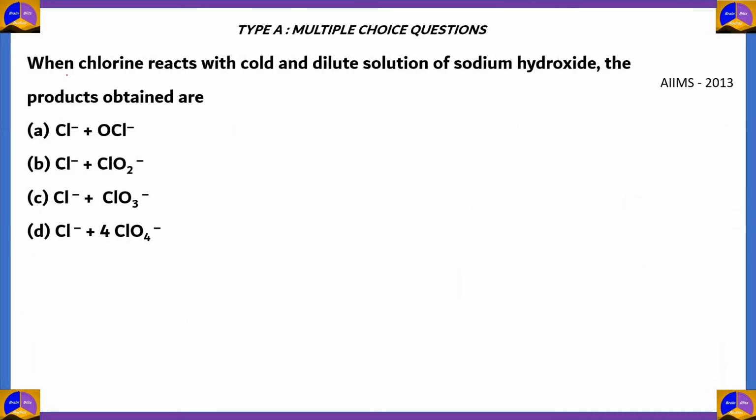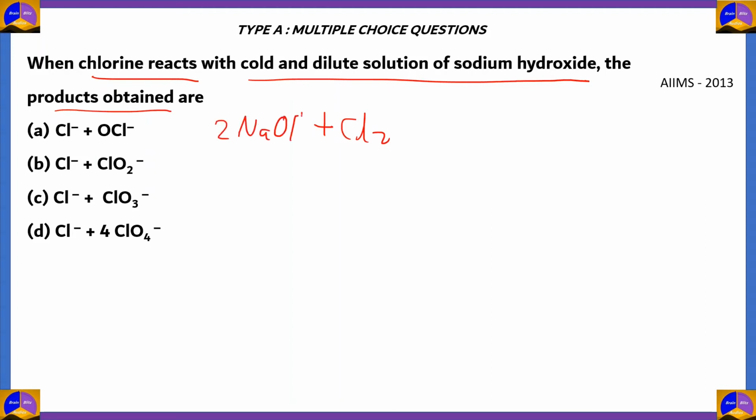Let's look at our next question. When chlorine reacts with cold and dilute solution of sodium hydroxide, the products obtained are. Okay, so we have Cl2, which reacts with 2NaOH. So what is formed? OH is minus and chlorine actually has a charge of -1.